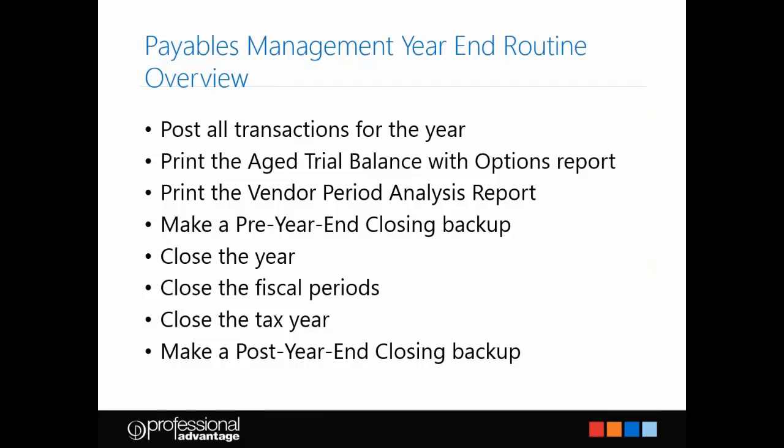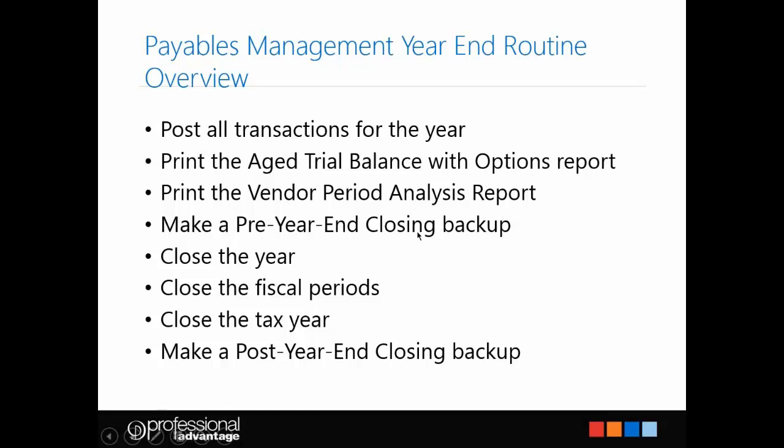So next we're going to talk about the payable management year-end routine. Very similar to the receivables year-end routine process. The key things we recommend you make sure are covered: make sure all the transactions for the closing financial year are posted, and also print your aged trial balance with options report, and also print the vendor period analysis report if you use those reports for any purpose.